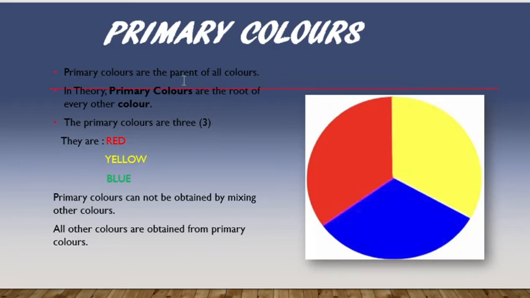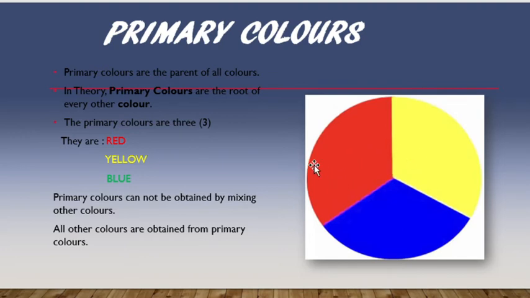That means if you mix any two of these colors, it will give you another color. That's why we said it is the parent of all colors, because if you mix any two, it will give you a different result of another color. Primary colors cannot be obtained by mixing other colors.